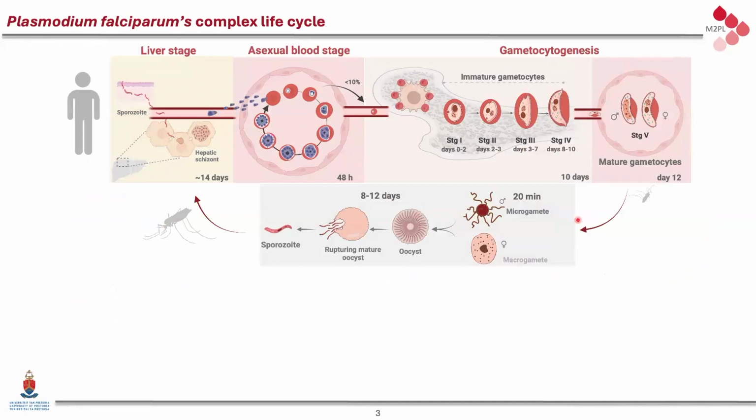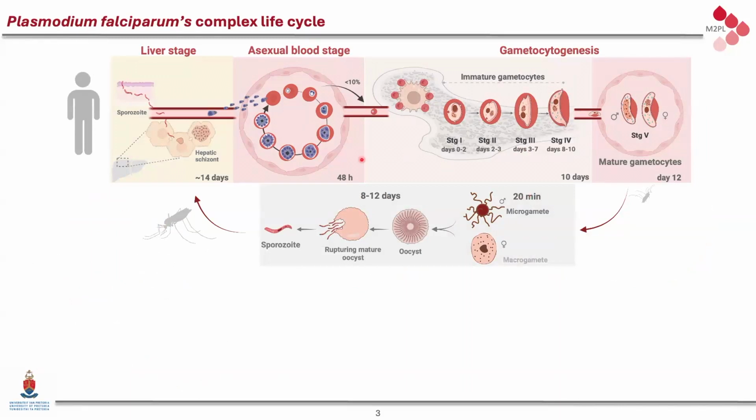So just a bit of background. Plasmodium falciparum, which is responsible for most of the related deaths in Africa, has arguably one of the most complex and intricate life cycles in nature, which enables the parasite to survive within two different host environments, which have vastly different internal environments.